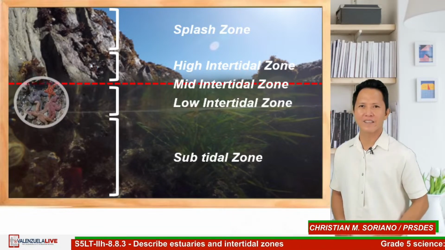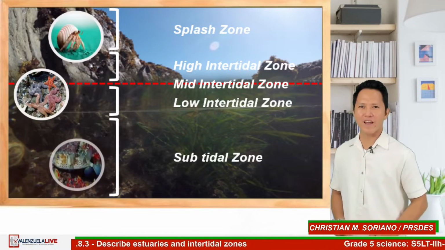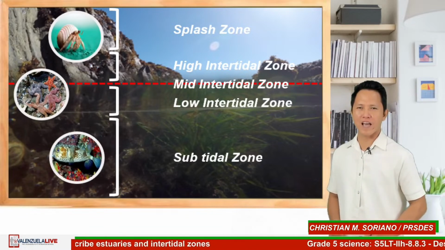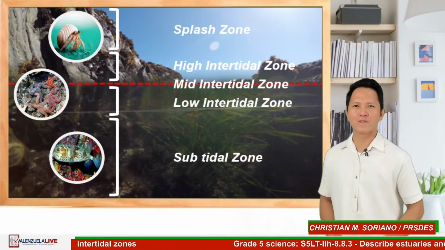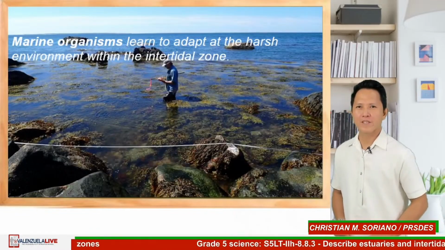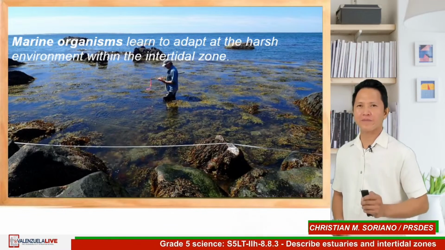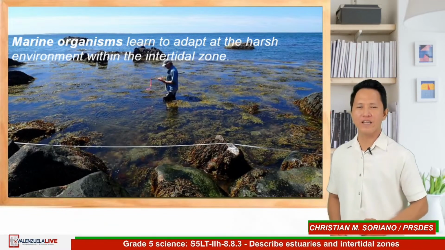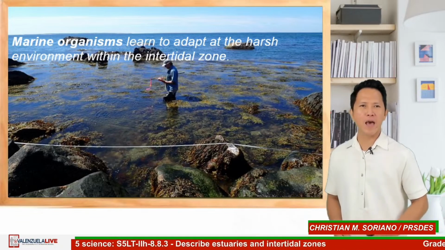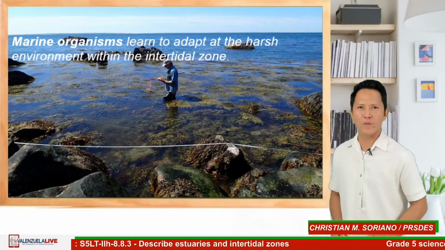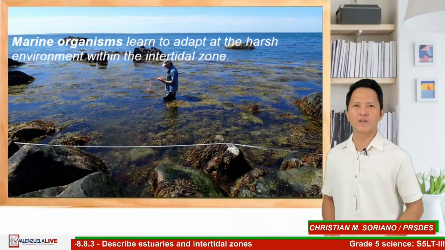All right. We can expect different living organisms that live along the intertidal zone. So we can best describe the intertidal zone in this way: marine organisms learn to adapt to the harsh environment within the intertidal zone.